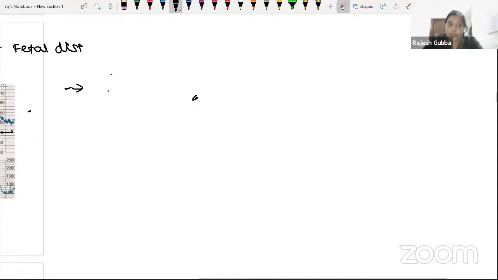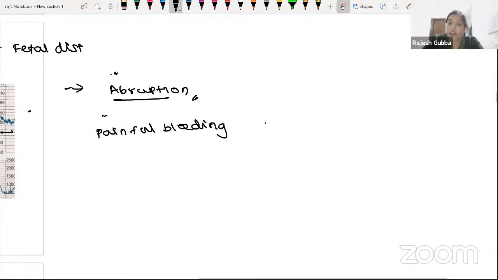So first and foremost, in abruption you'll have painful bleeding, which is dark or altered.